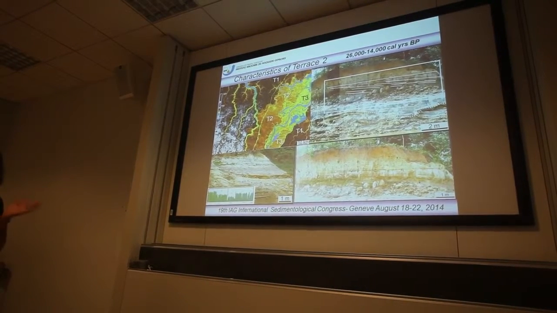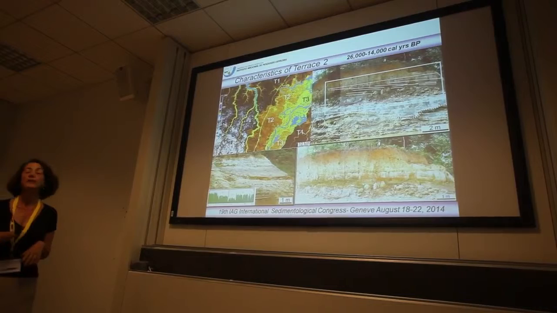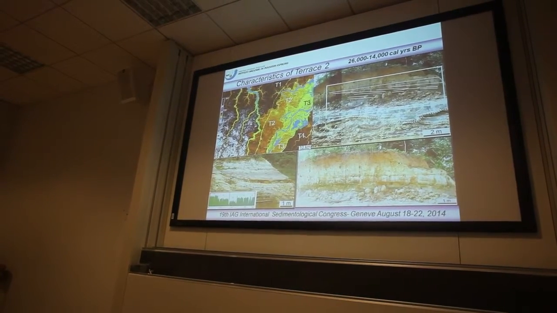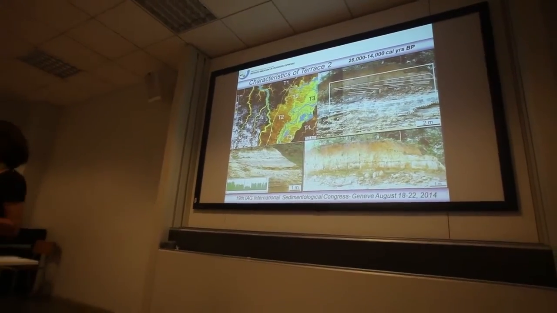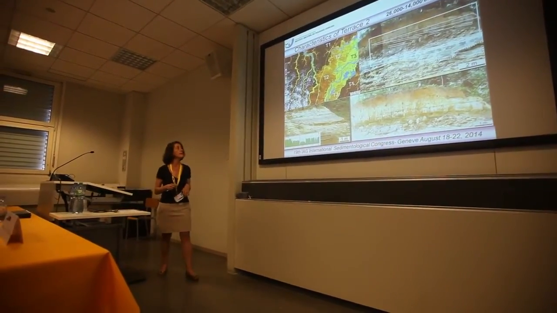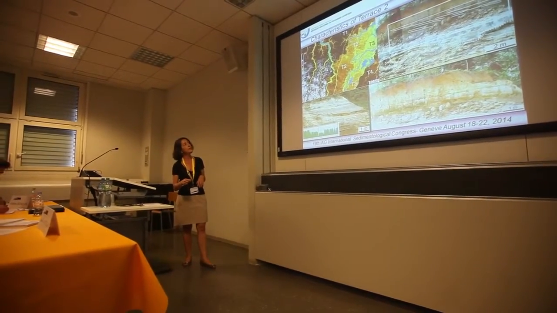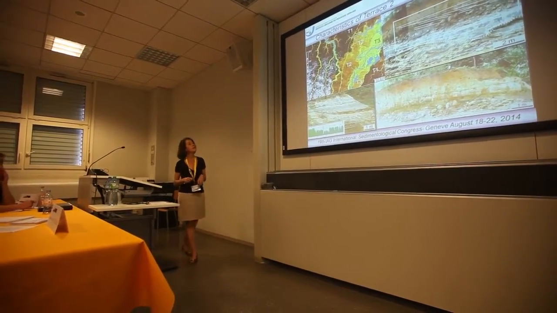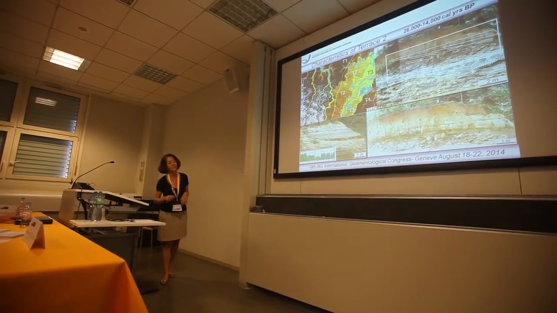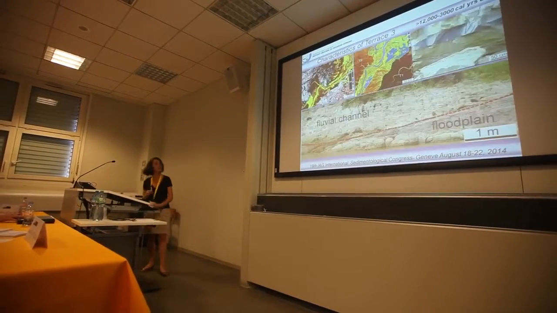The most distant one, T1, is of an undetermined age between 43 and 32,000 years BP, and terrace T2 is 26 to 14,000 years, which looks like the sedimentation associated with this second terrace.